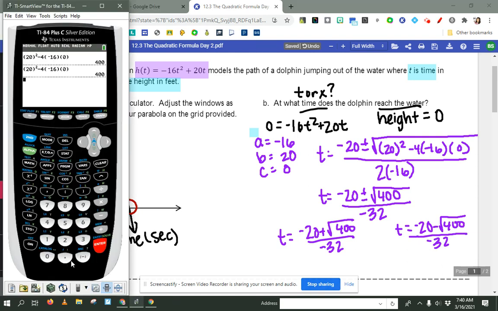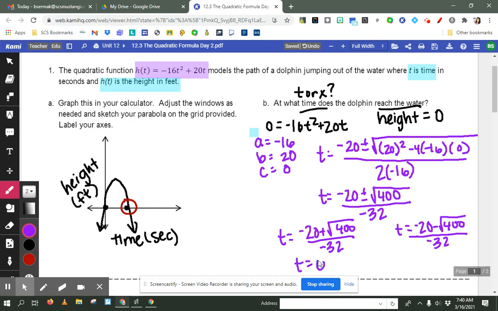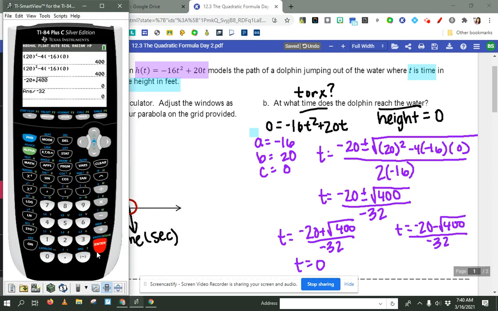In my calculator, negative 20 plus the square root of 400, enter, and then divide by negative 32, which gives us 0. So t is equal to 0. And then type in the other side: negative 20 minus the square root of 400, enter, divided by negative 32, gives us 1.25.